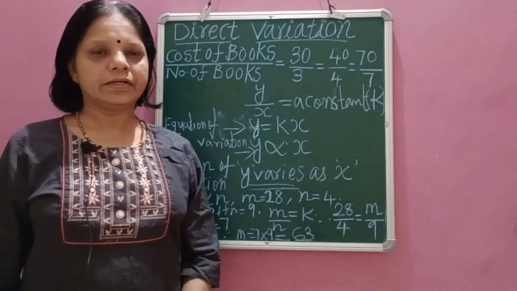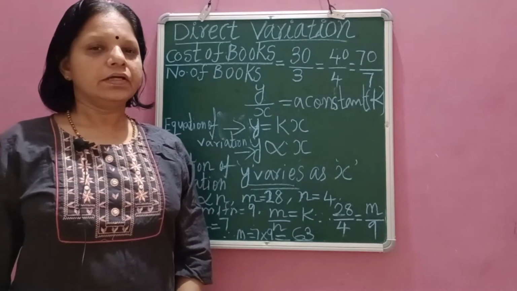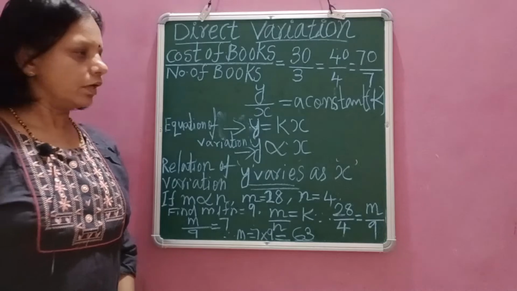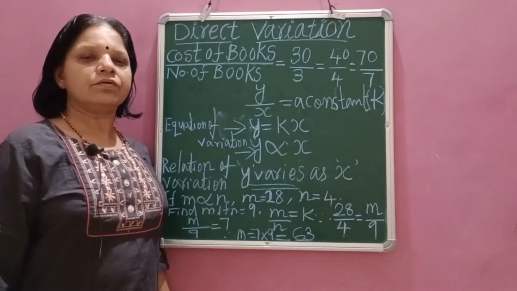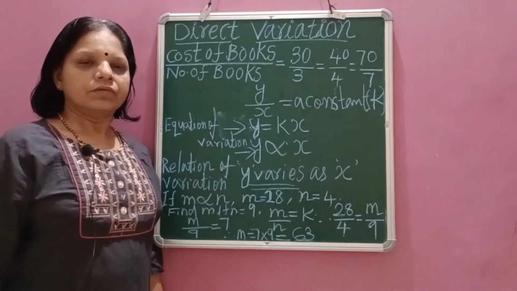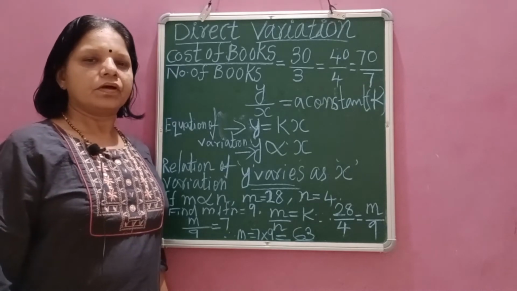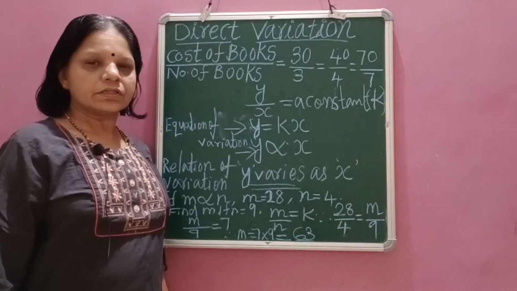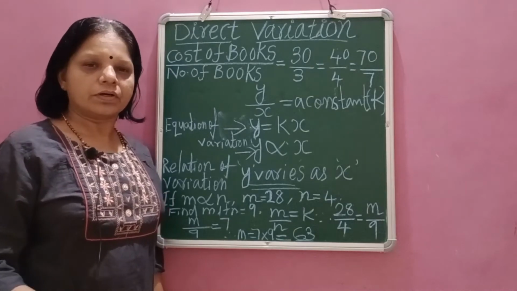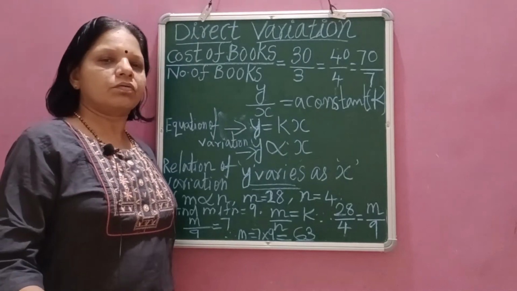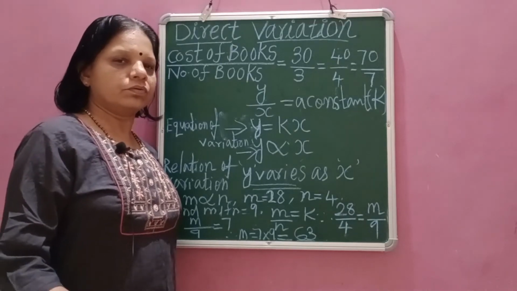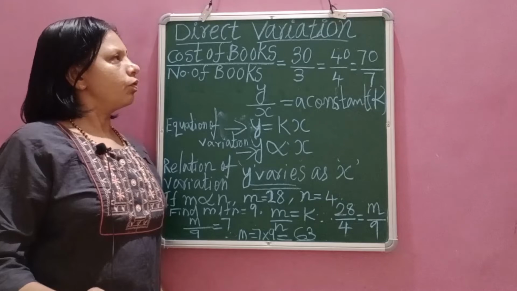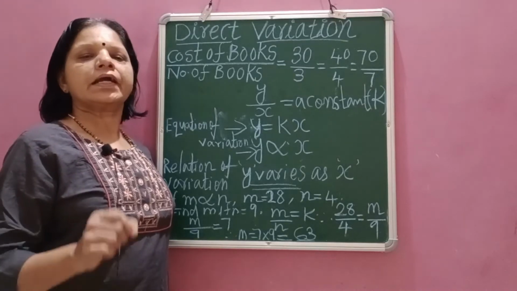What is direct variation? In direct variation, that is also the relation between the quantities whose values will be changing each other, or when one quantity changes, the other quantity also changes. So what is the other condition for variation to be direct?